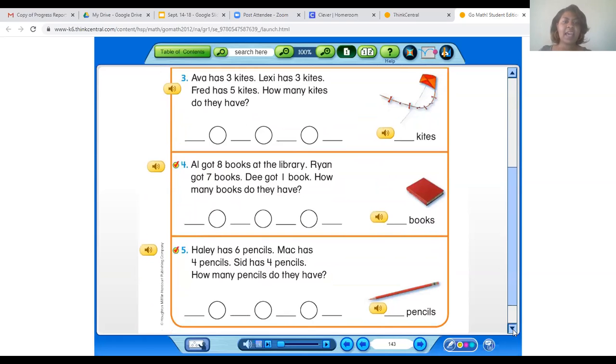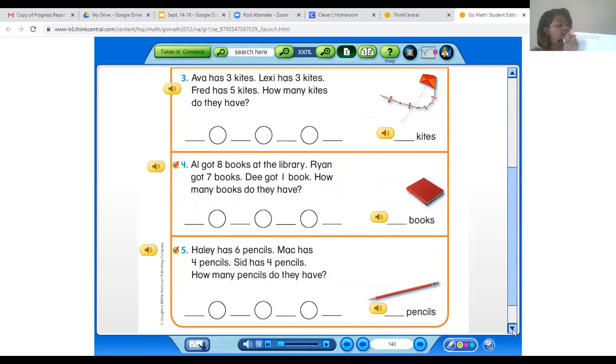All right. Al got 8 books at the library. Ryan got 7 books. D got 1 book. How many books do they have? I see 3 different numbers here. I see Al got 8. 1, 2, 3, 4, 5, 6, 7, 8.